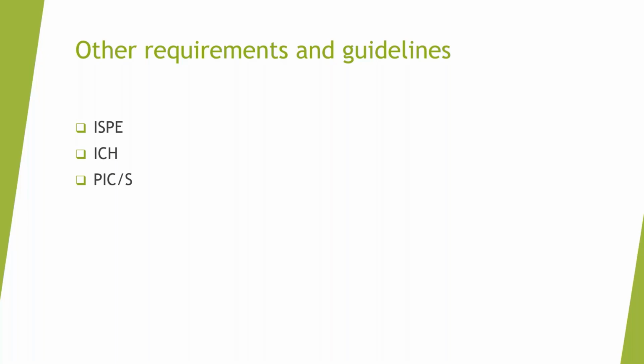We also have the ICH guidelines, the International Council on Harmonization. Again, there are a whole host of guidelines in there, but particular ones that I would like to draw to your attention are ICH Q7, which is Good Manufacturing Practice, ICH Q9, Quality Risk Management, and ICH Q10, the Pharmaceutical Quality System.